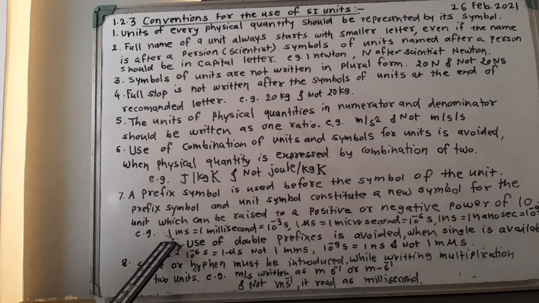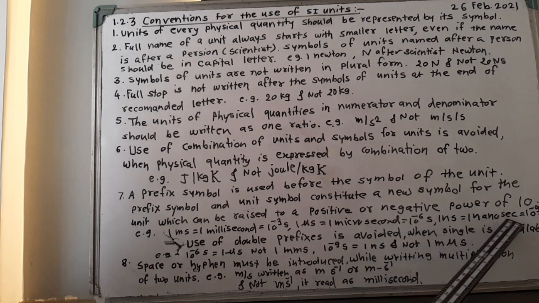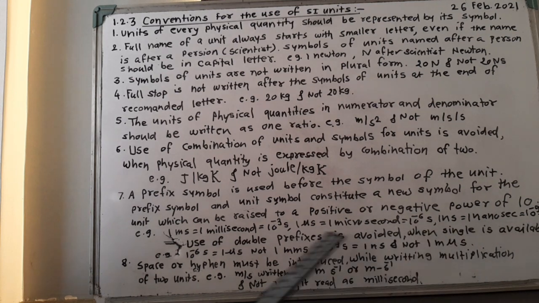For example, 1 millisecond, ms, where m stands for milli and s stands for second, can be written as 10 raised to minus 3 second. Second one, 1 microsecond is written like this, mu s. Mu is a Greek alphabet, 10 raised to minus 6 second. Or 1 ns, which means nanosecond, is 10 raised to minus 9 second.